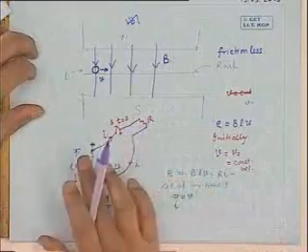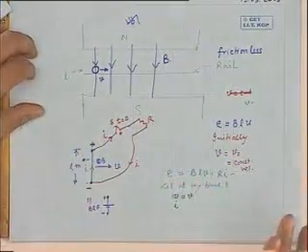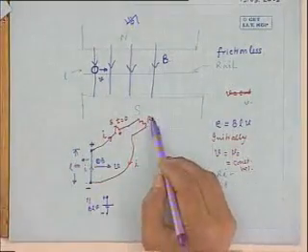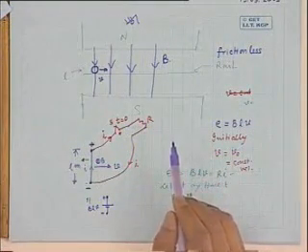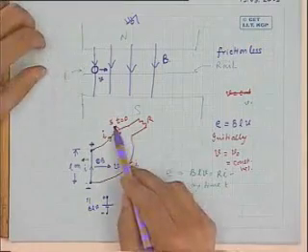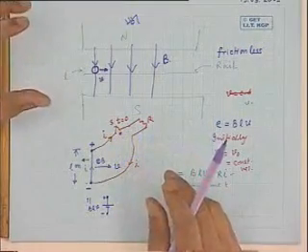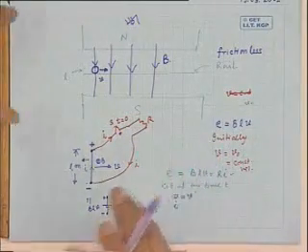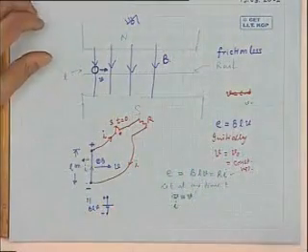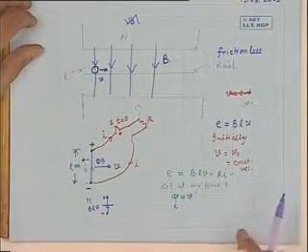Now imagine this load to be a lamp resistance. The moment you close the switch, the lamp will glow, and with time the brightness of the lamp will decrease.